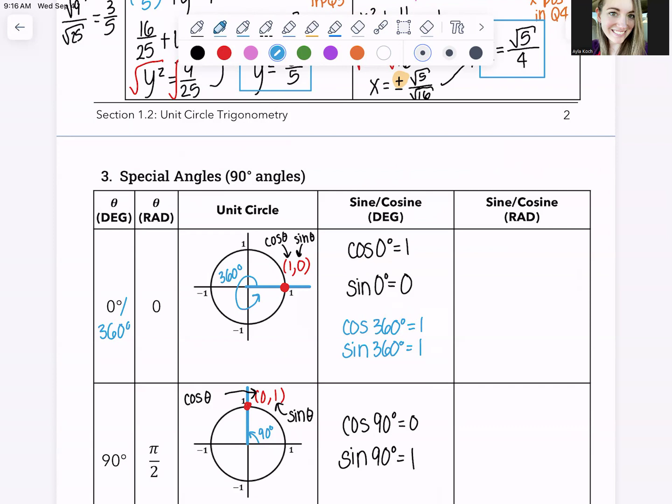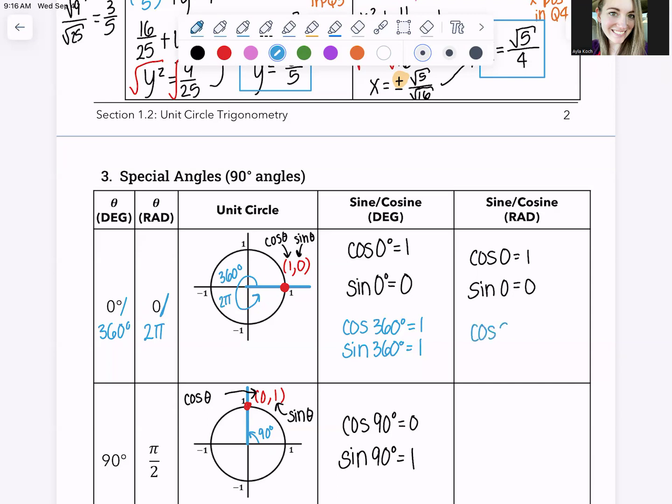Now in radians, it's the same exact sine and cosine values, but with the radian angles instead, which I do have written over here. For 0, it's the same. So we have cosine of 0 is equal to 1, sine of 0 radians is equal to 0. And this is also the same angle that we would call 2 pi. 2 pi, 360 degrees, it's the same.